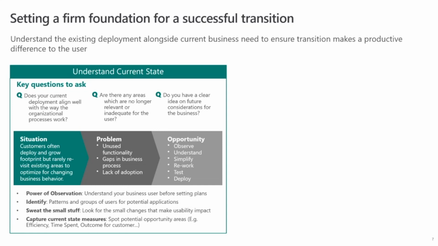In order to understand the current state, there are a few key questions you might ask. For example, does your current deployment align well with the way the organizational processes work in your organization? Or are there any areas which are no longer relevant or inadequate for the user?